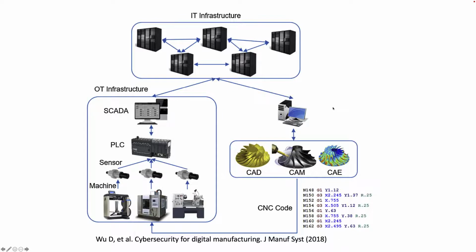And while the graphic on the screen does show that these domains are physically separated, the IT versus the OT, they actually have a relationship between them because there's information flowing between the IT infrastructure and the OT infrastructure. Therefore, some of that connection could serve as a jumping off point for an attack or a threat vector by a malicious actor.